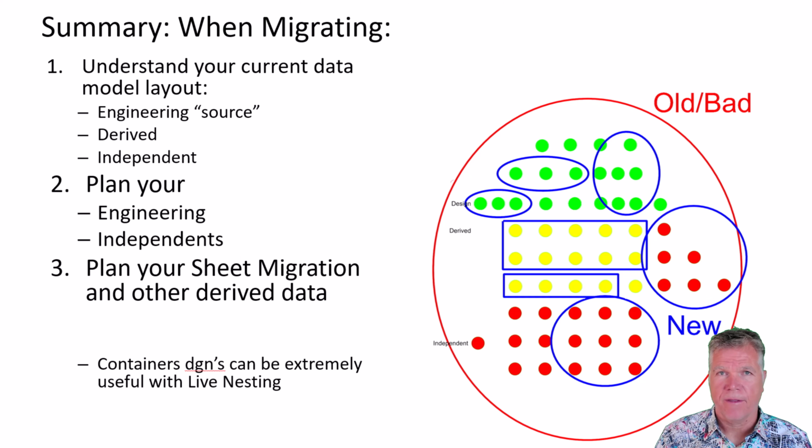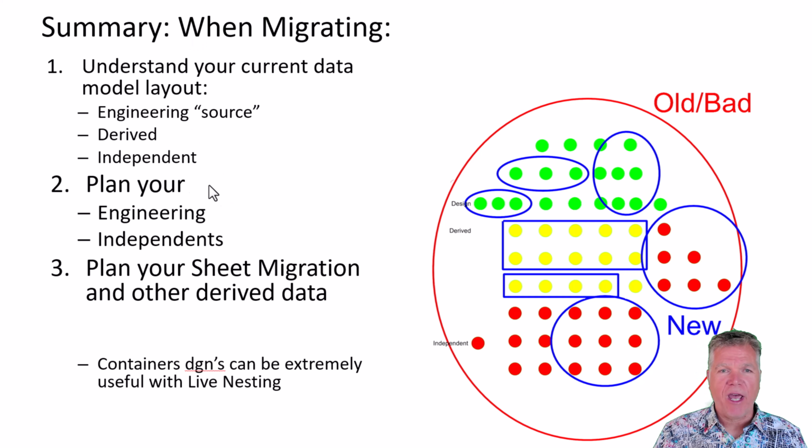So in summary, you've got to know what your current layout is, okay? Your model layout. What's your mapping of how the data is managed? Again, you've got your engineering source, which is really important. Your derived, which is going to be your pivotal stuff. Your independent, manage that well. Get your giant garbage out where it belongs, out to the side, not intrinsic to the engineering models, okay?